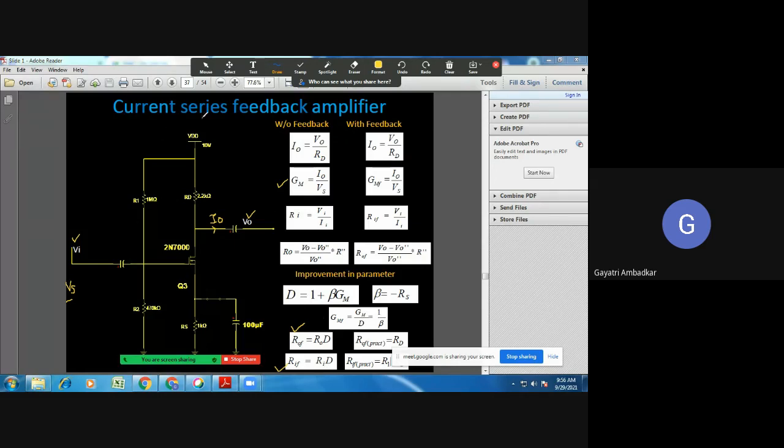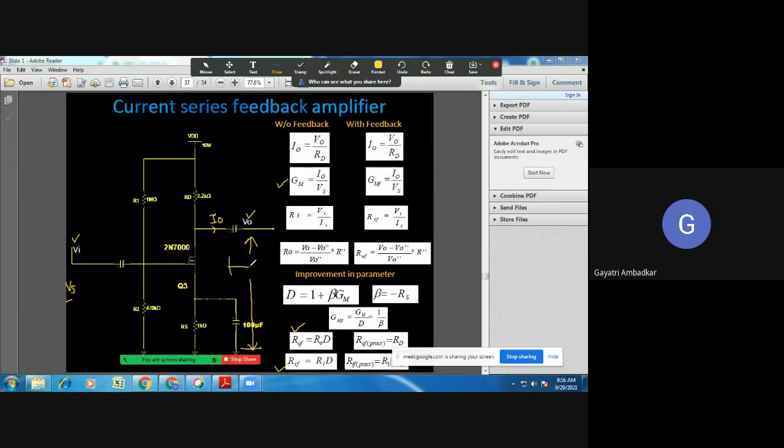Okay. Now, how can you say it is a current feedback amplifier? So this is your output available. You are taking output between these 2 points.